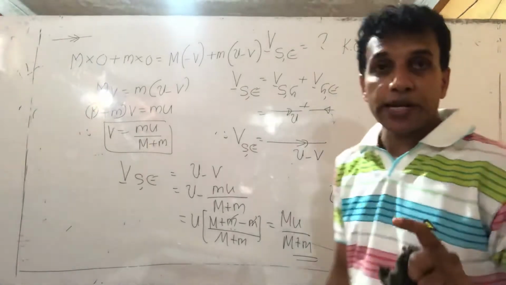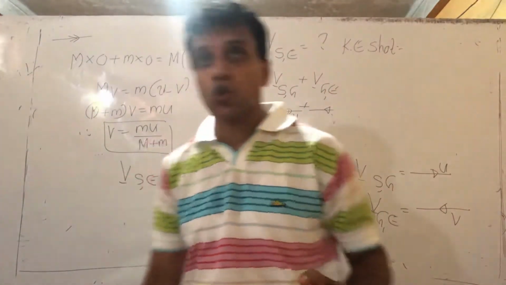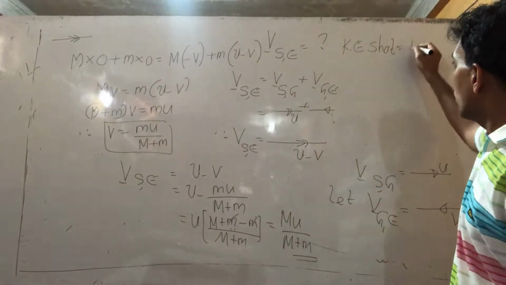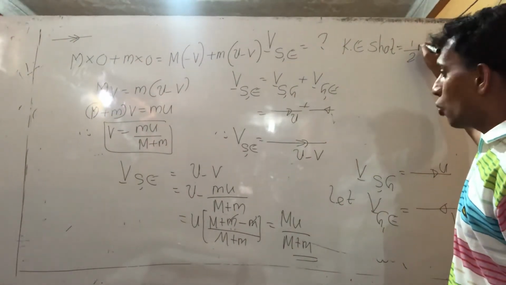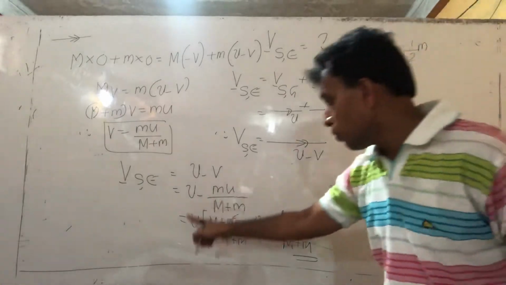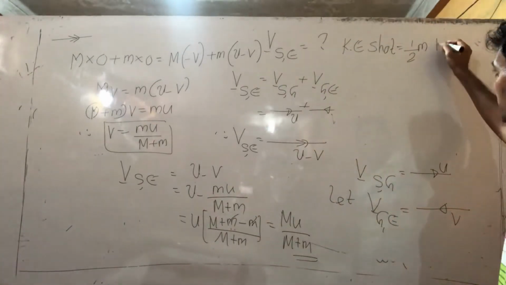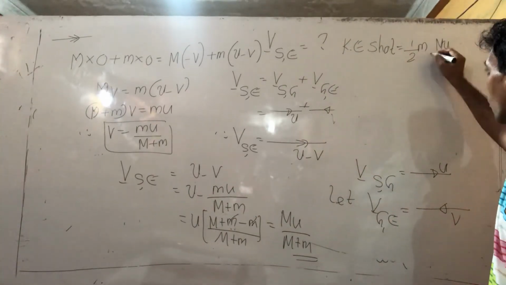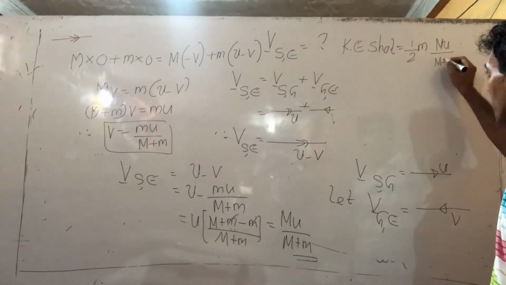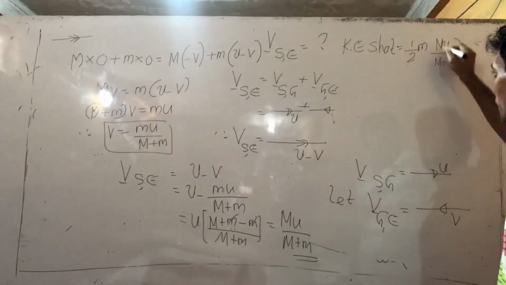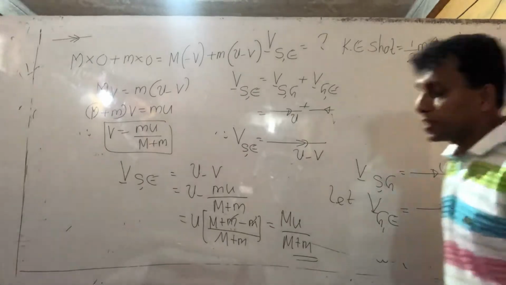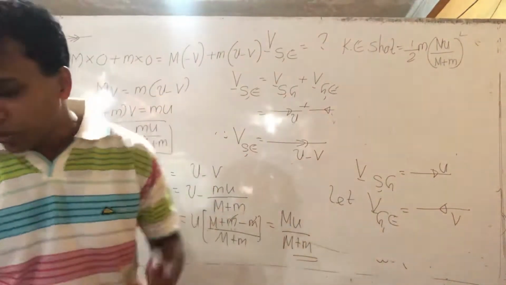The kinetic energy formula is half mu square, right? Therefore, half small m, velocity of the shot, capital mu over capital M plus small m square. This is the kinetic energy of the shot.